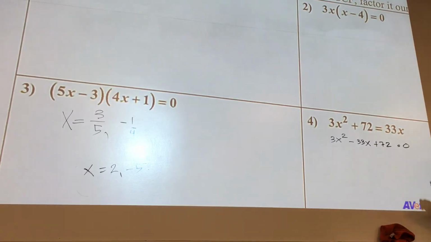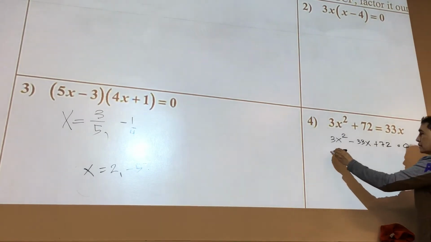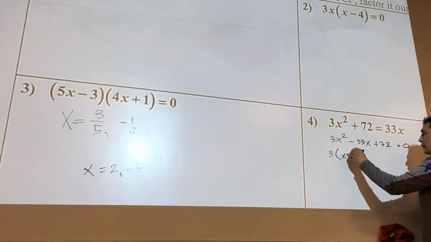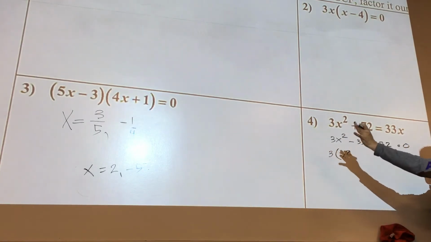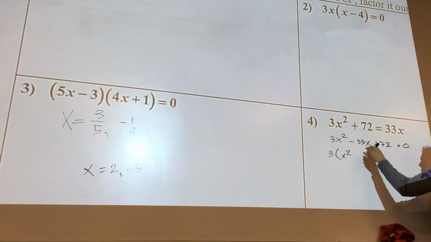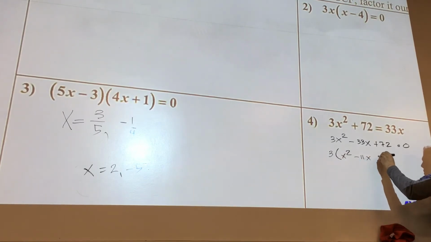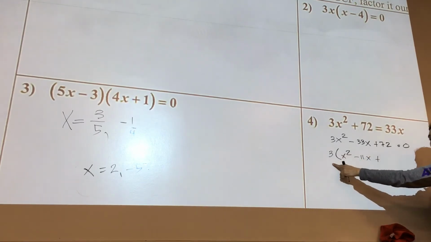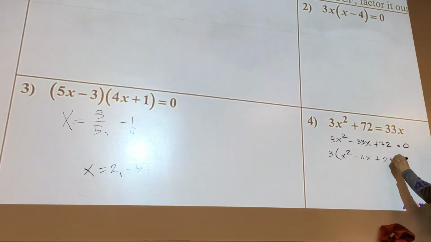Now, when you see big numbers like that, it tells you there could be a greatest common factor. So we can divide by 3. So we pull out the 3, x squared, and then minus 11x. 72 divided by 3, you're going to get 24, equal to 0.